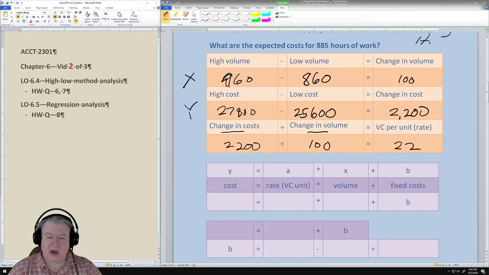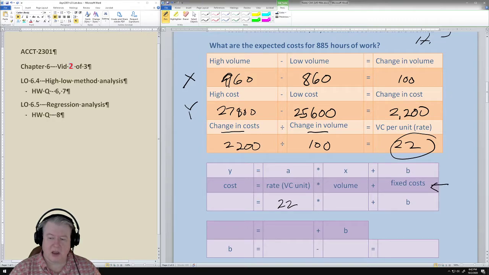Just like I say, we need to make this into an equation to allow us to predict other volumes. Well, this right here, that's our 22. This is the next thing we need to figure out. If this is our variable cost, we need to now figure out what is our fixed cost. How do we figure this out?